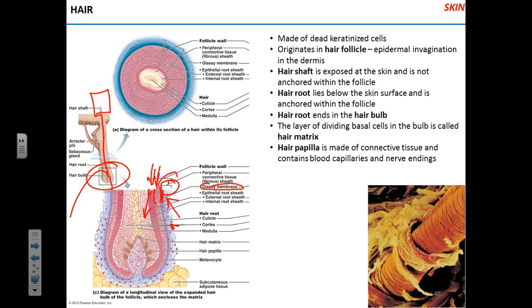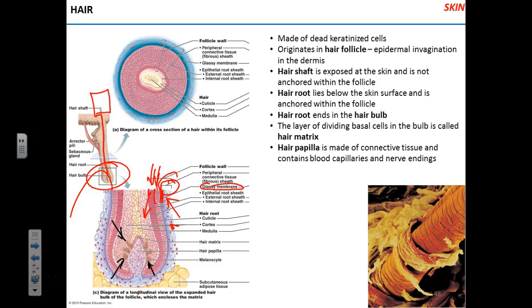You can see the hair matrix here. That connective tissue provides cells of the hair matrix with oxygen and nutrients. You can also see melanocytes. Essentially, the hair matrix is the stratum basale of the skin, but it doesn't produce the skin, it produces hair, which is also entirely dead.